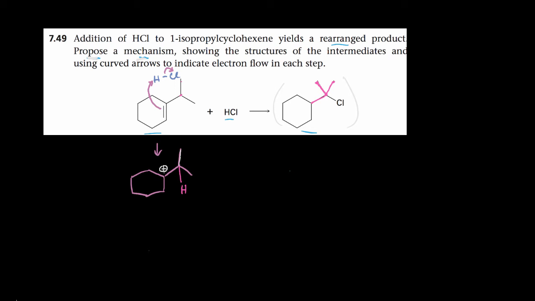So we have a carbocation right next door, so this should bring to mind a hydride shift. If we shift that hydride over to that carbocation, we will get a new carbocation. So we'll get a new carbocation here, and that hydride moved over to essentially quench this carbocation.